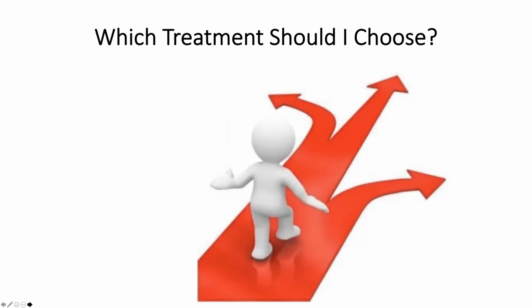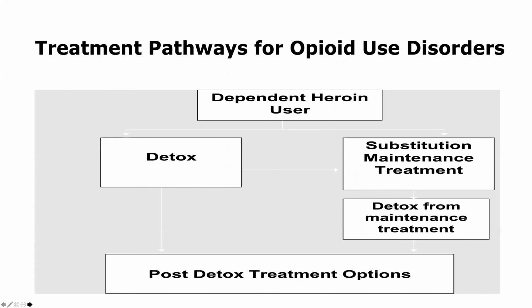So with that, which treatment do we choose? When we look at the treatment pathways for opioid disorder, and we have heroin users, we can send them to detox, okay? And then after detox, and this happens to probably about 25% of the population we see currently, we move them into an abstinence-based post-detox treatment with multiple options, and that can be ASAM.